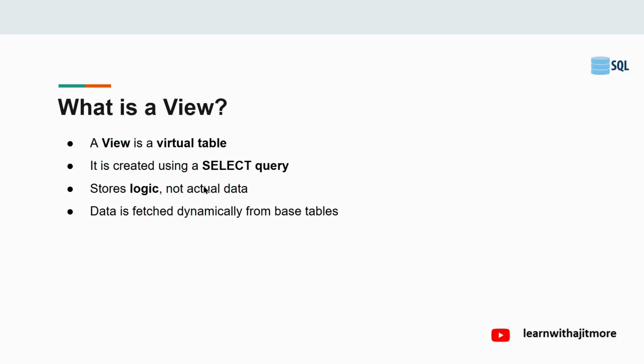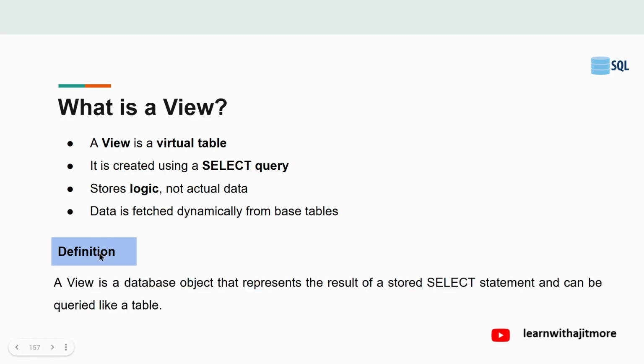The data is fetched at runtime from the different tables which you have mentioned in that query, and then at runtime it will show you the records as if it is a physical table. Correct? So it is dynamically fetched from the base tables, meaning the tables which are mentioned in the query.